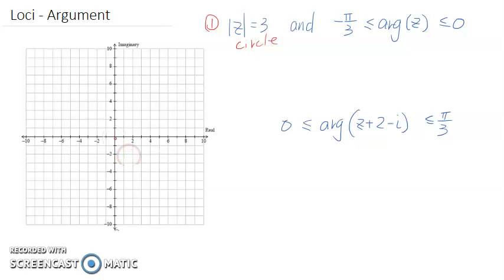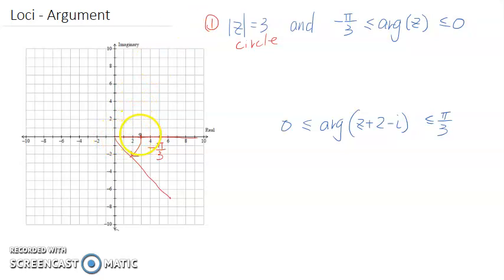So from here to here is negative pi on 3. That means it is between 0 and negative pi on 3, so it's this region here. However, there's another condition: the distance from 0 to that complex number must be 3. I'm going to use another color so that you can see it.